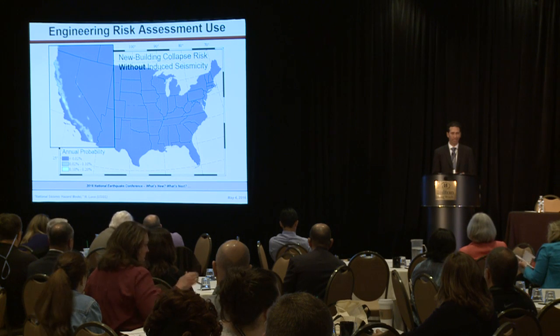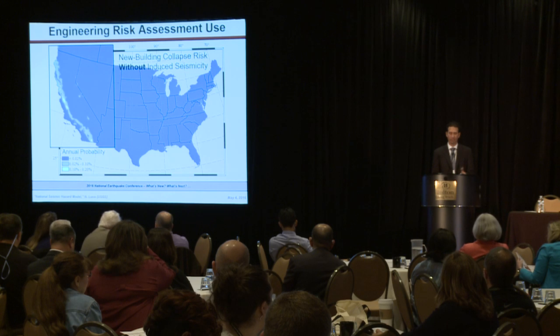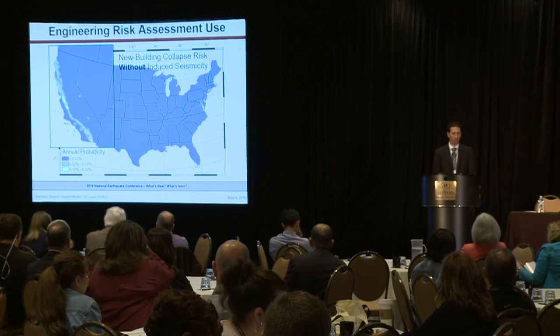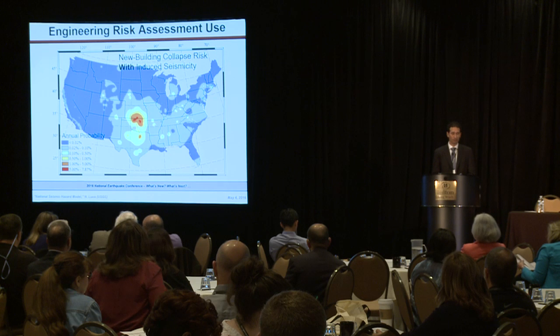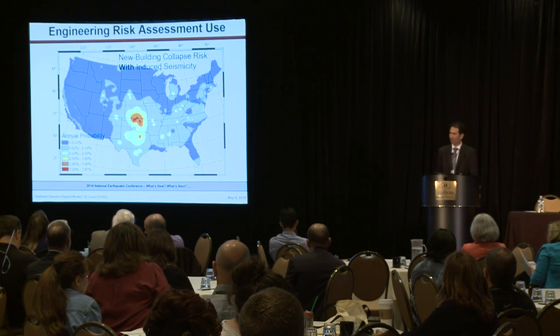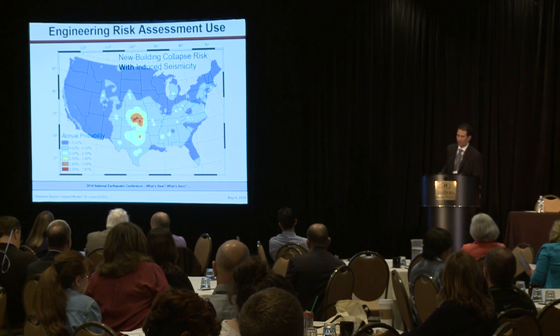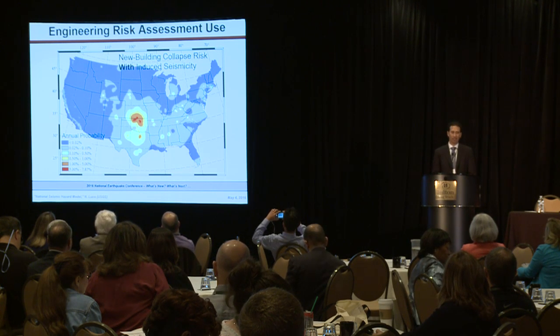If you make a similar map here, again this is new building collapse risk, the chance of collapse in one year, but now including induced seismicity, you see collapse risks that are very high, higher than what we saw in the deterministically capped areas of California.